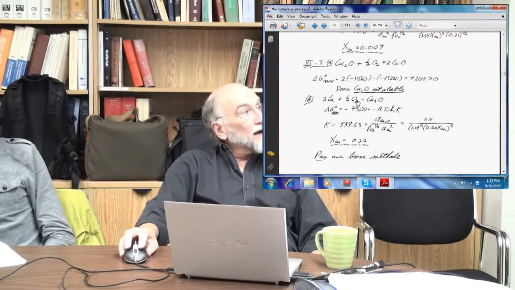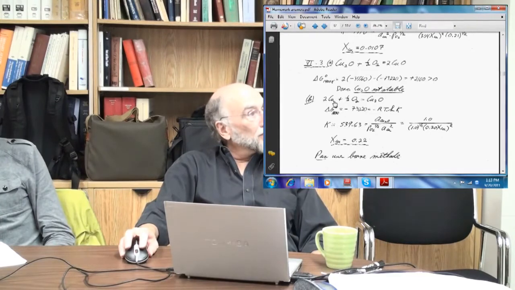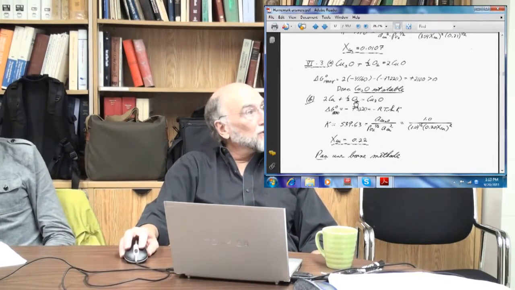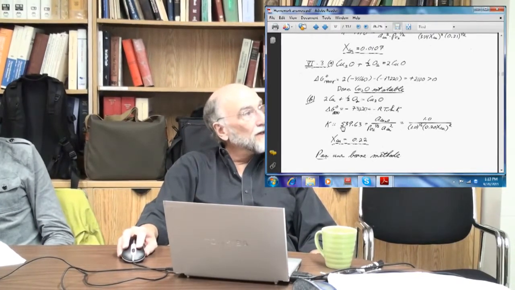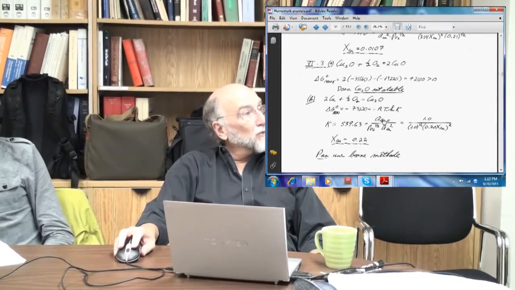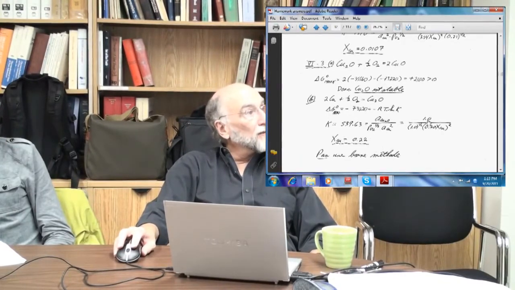Then, this is the reaction between the copper in the gold, and oxygen, Cu2O. The Gibbs energy is minus RT log K, so that's your equilibrium constant. The activity of copper oxide is 1 because it's pure solid copper oxide.